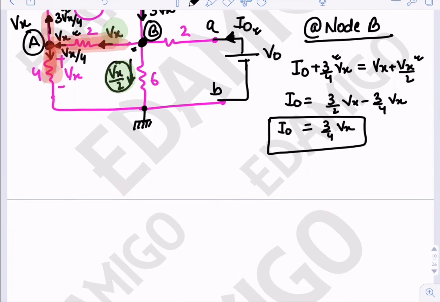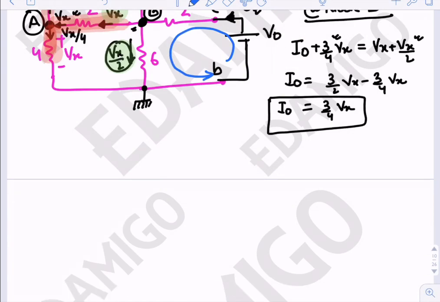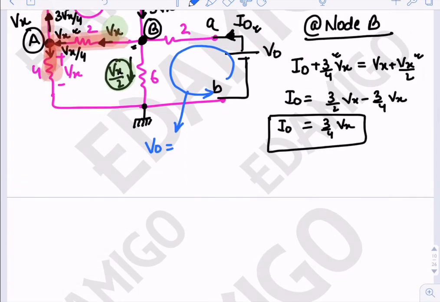Now another thing that we can see is, if we apply a KVL loop in this loop, V naught is equal to the drop across this 2 ohm resistance, that is 2 I naught, and the drop across this 6 ohm resistance, that is 3 Vx.